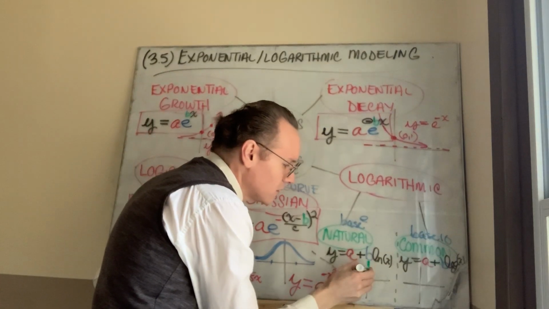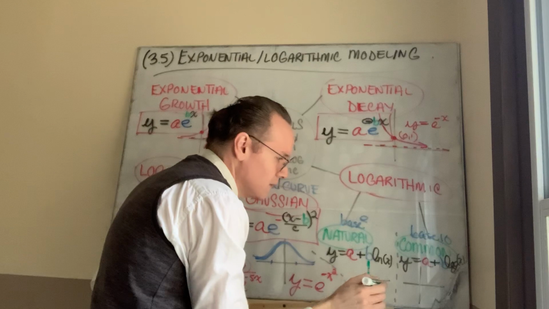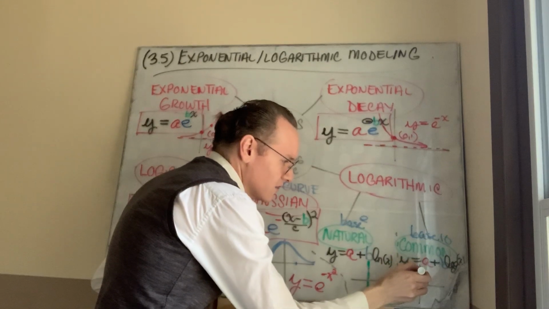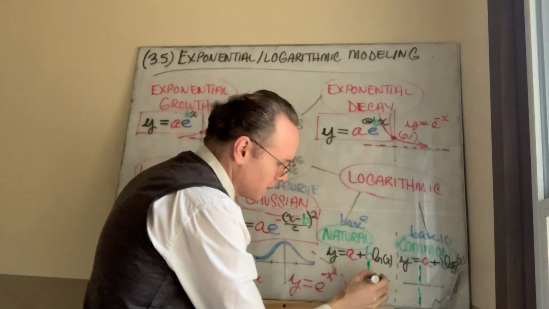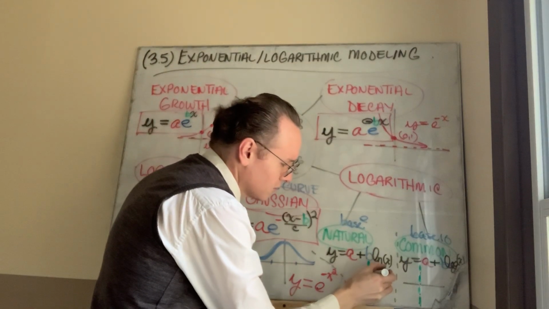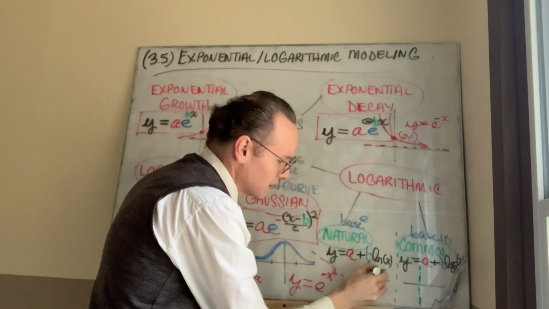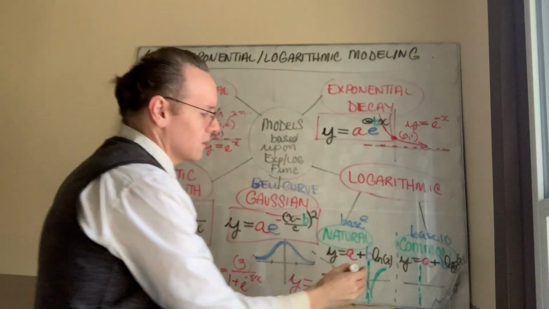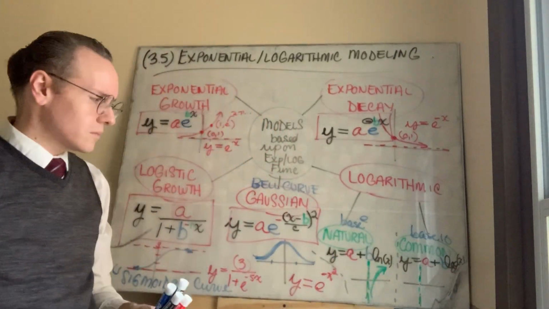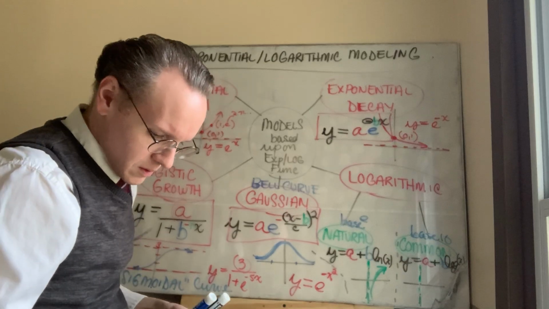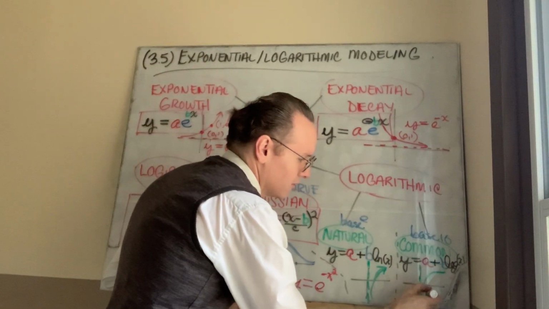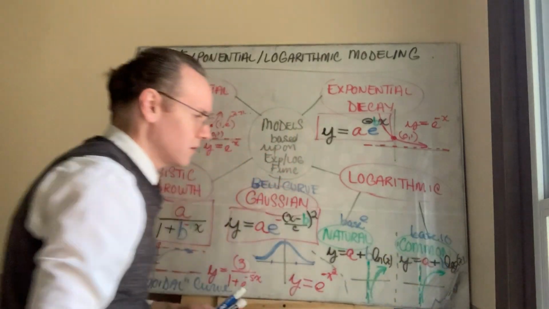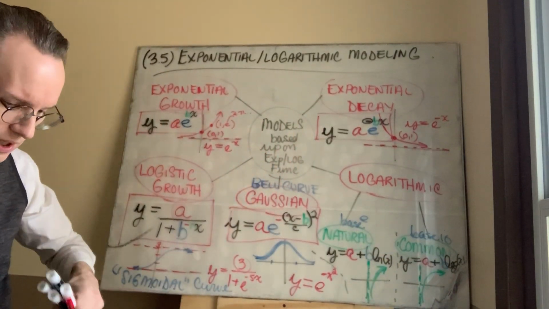Has a vertical asymptote through the y-axis, and in its most basic form would be something like this. A curve running this way, and similarly a little bit flatter version of this running this way for the common log.